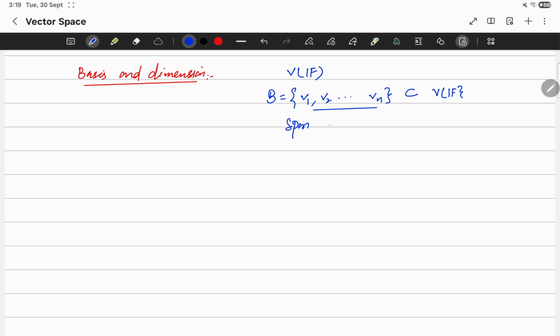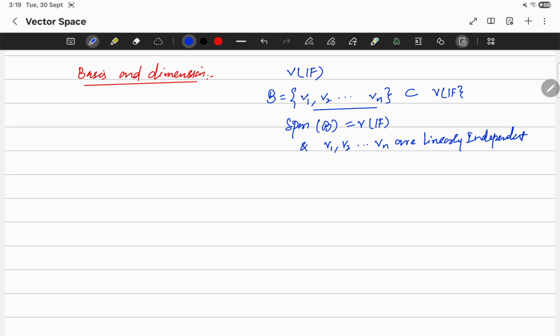That is, the span of B is the whole of your vector space V, and v1, v2, so on up to vn are linearly independent. Then we say that this B is the basis.